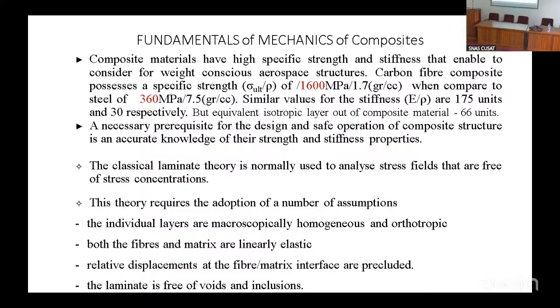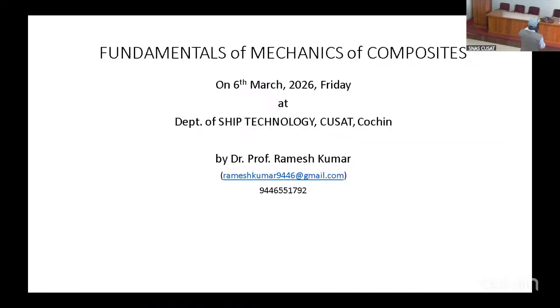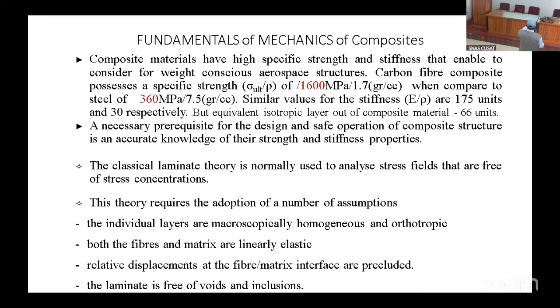You know what we say, Ashtadik Palagar, no? Ashtadik means eight. So here also we take 0, 90, plus 45, minus 45. This is the layer sequence corresponding to isotropic material.